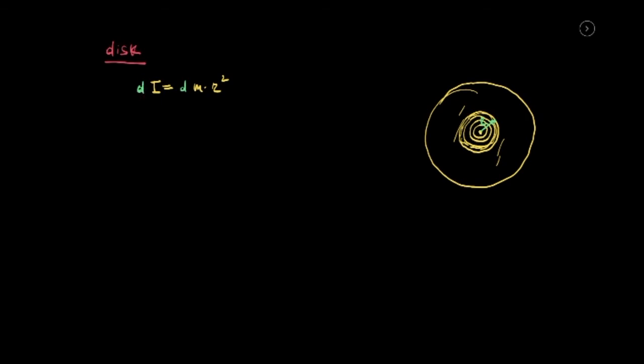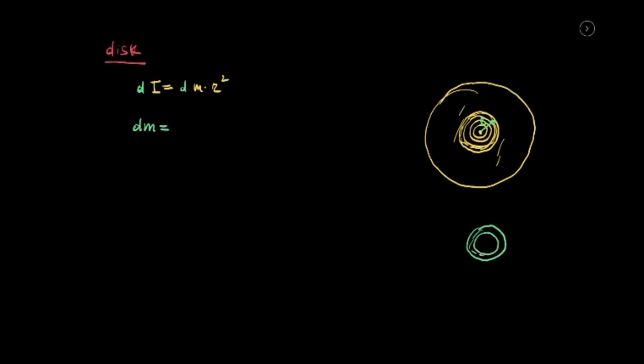So now the dm is equal to the mass of the hoop. It's proportional to the length. For example, let's draw it below. So we are looking at this hoop.